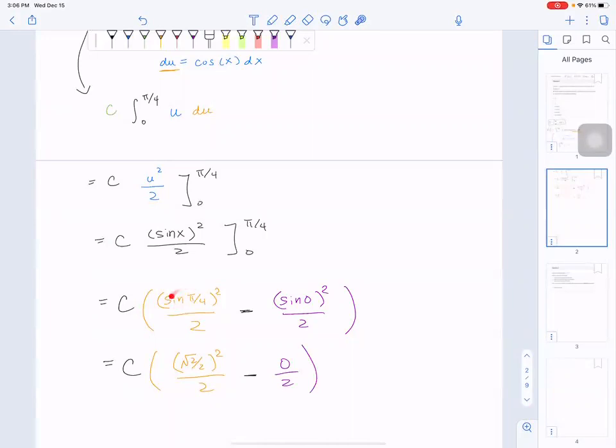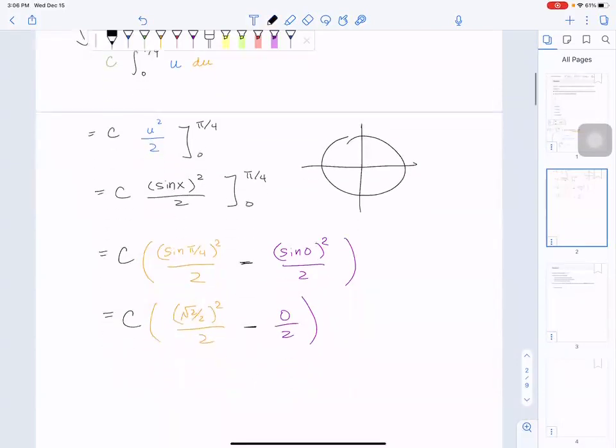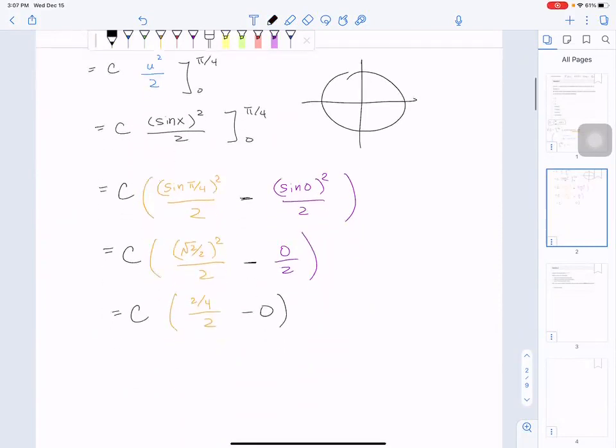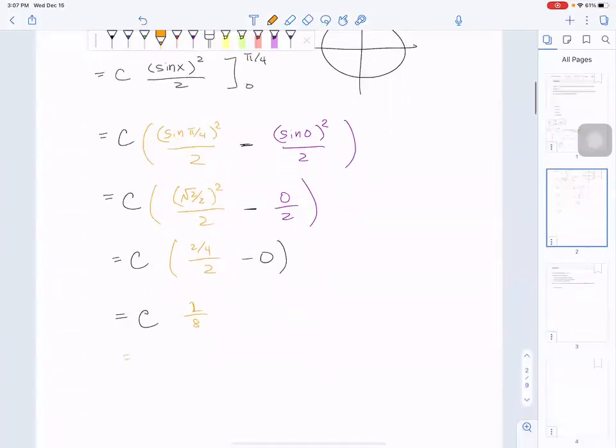How did I know what sine of pi over 4 and sine of 0 are? You should remember the unit circle. You look at what angle it is and what the y value is. Okay, so we keep simplifying, and that gives 2 over 4 over 2. This is minus 0, so we don't care about that. So this is 2 over 8, or c times 1 over 4.